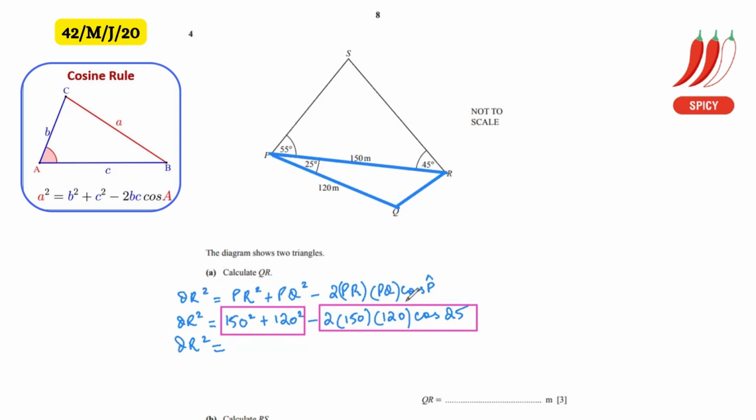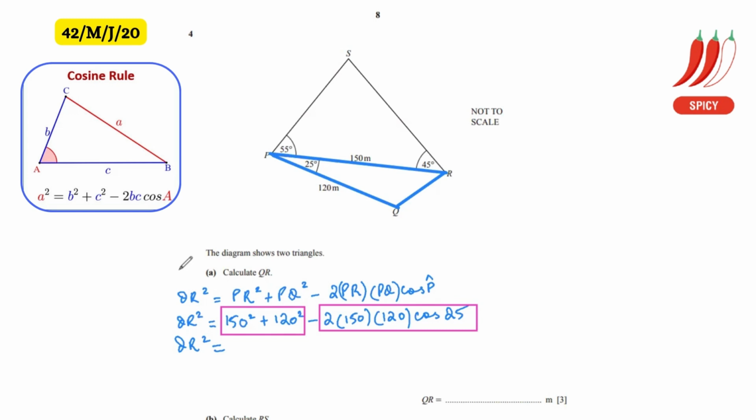They forget to multiply cos 25 with 2 times 120 times 150, and then you have to subtract that entire product from the sum of these two squares. Not subtract the 2 times 150 times 120 separately, and then multiply it by cos 25. That's completely wrong. That's why I split the equation into two boxes, that you have to solve that box separately and that box separately.